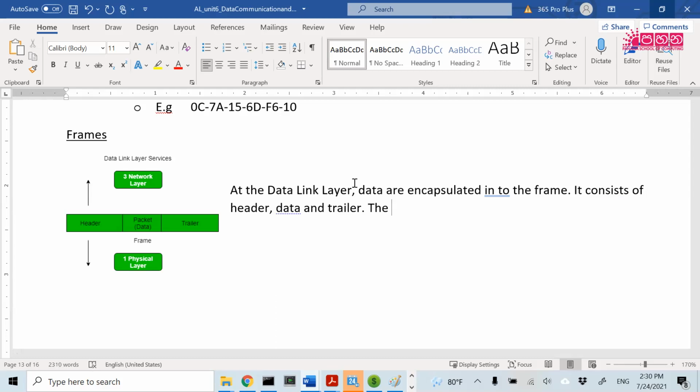The header part consists of MAC addresses of sending and receiving.